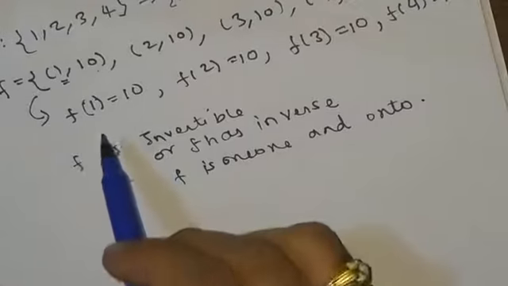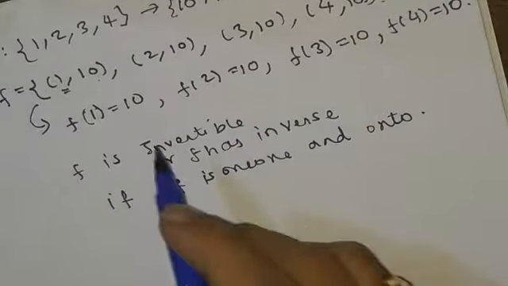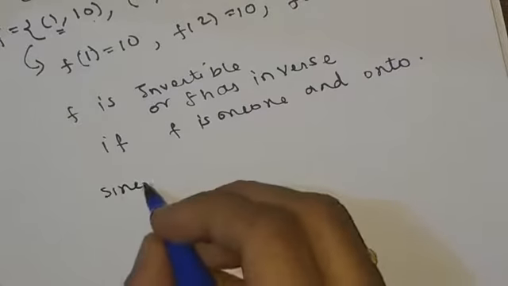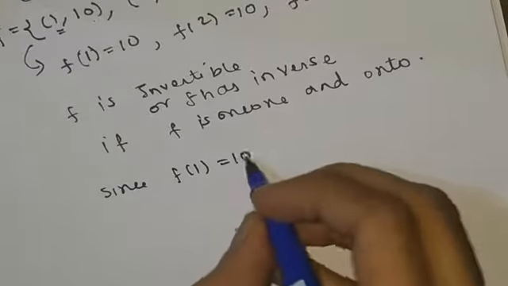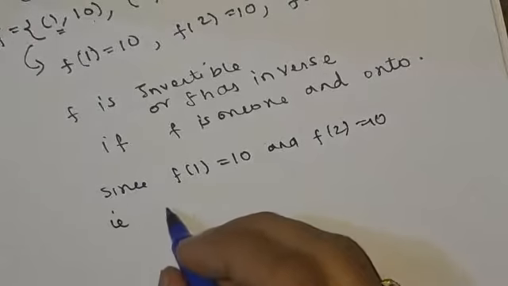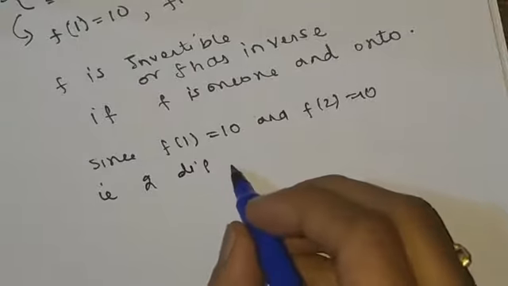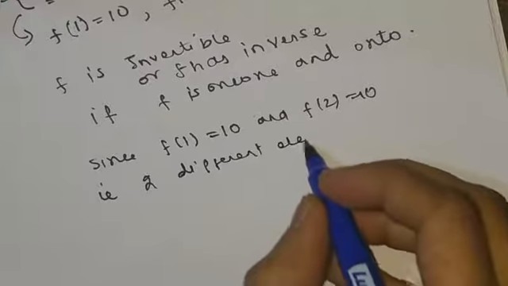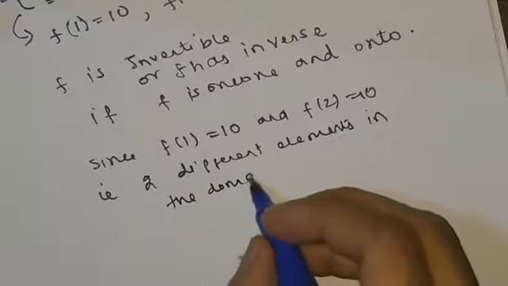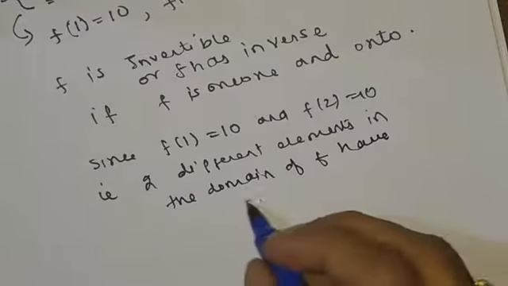Okay, now here you can see that f of 1 is equal to 10, f of 2 is equal to 10. So this function is not a 1-1 function, right? So since f of 1 is equal to 10 and f of 2 is equal to 10, that is, two different elements in the domain of f have same image.